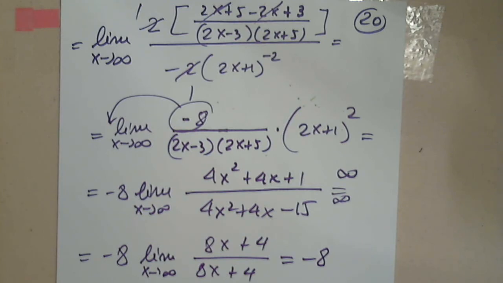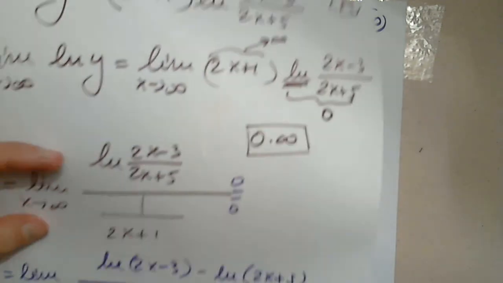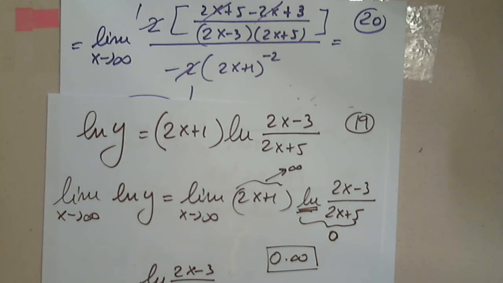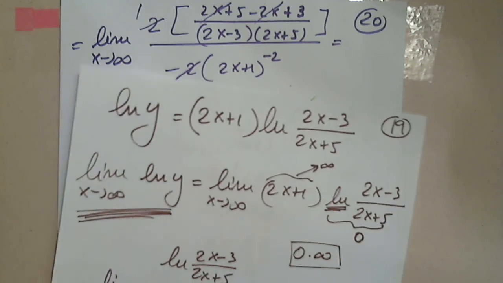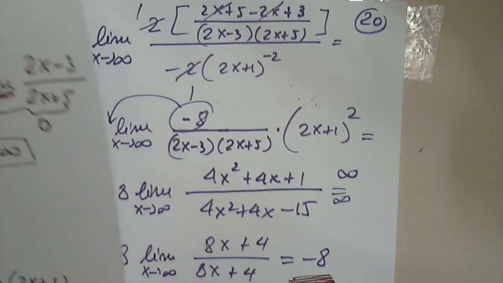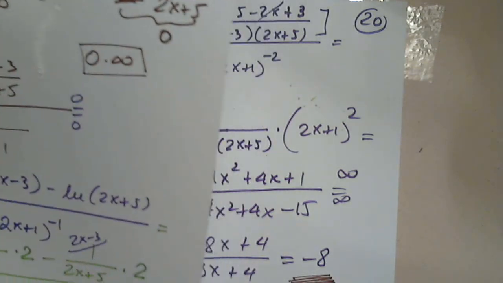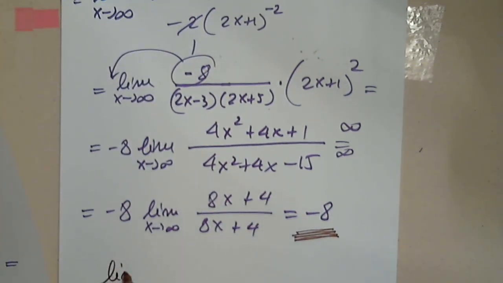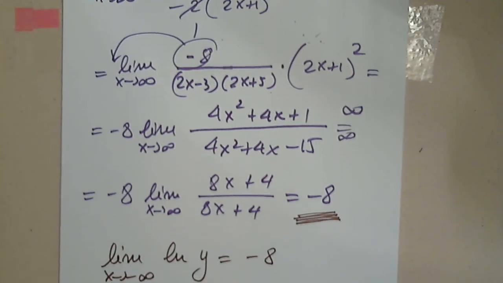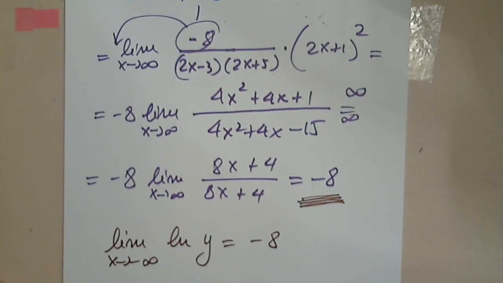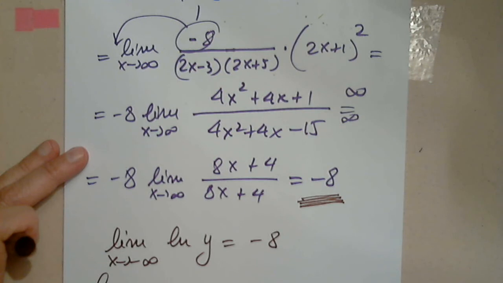After all this work, I have to copy the beginning and I have to copy the end. So the beginning was limit as x approaches infinity of natural log y, and the end is negative 8. We know what happens now. I have to swap the operators.